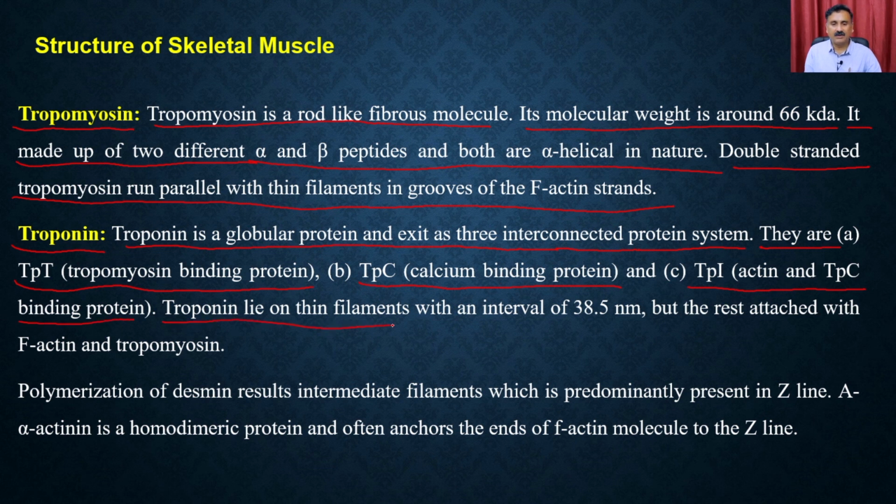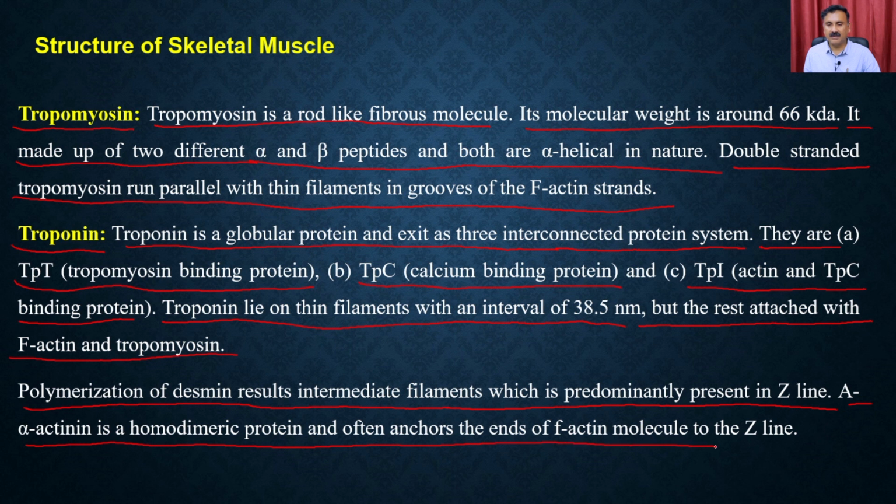Troponin lies on the thin filament at an interval of 38.5 nanometer, and the rest is attached to the F-actin and the tropomyosin. Polymerization of desmin results in intermediate filaments which are predominantly present in the Z line, and alpha actinin is a homodimeric protein and often anchors the end of the F-actin to the Z line.